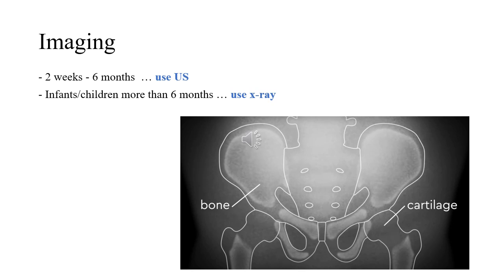Therefore, the standard for diagnosis is the ultrasound scan, which allows me to see the cartilage as well as the bone. And ultrasound scan is the gold standard for DDH diagnosis in the first 6 months of age. And X-rays, in fact, should not be used in this age group.